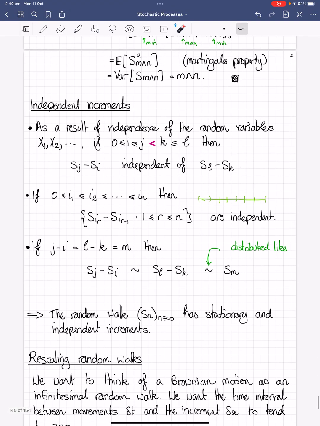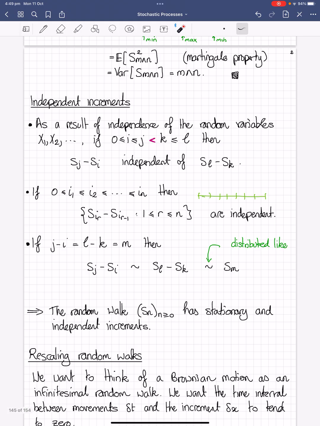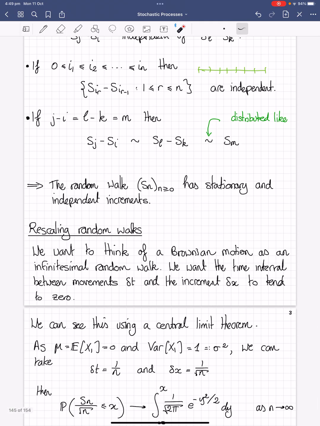Okay, so these are nice properties, and we want to think about Brownian motion as an infinitesimal version of the random walk. So we want to take the time interval between movements as delta t, and the spatial increments of the random walk to get smaller and smaller.